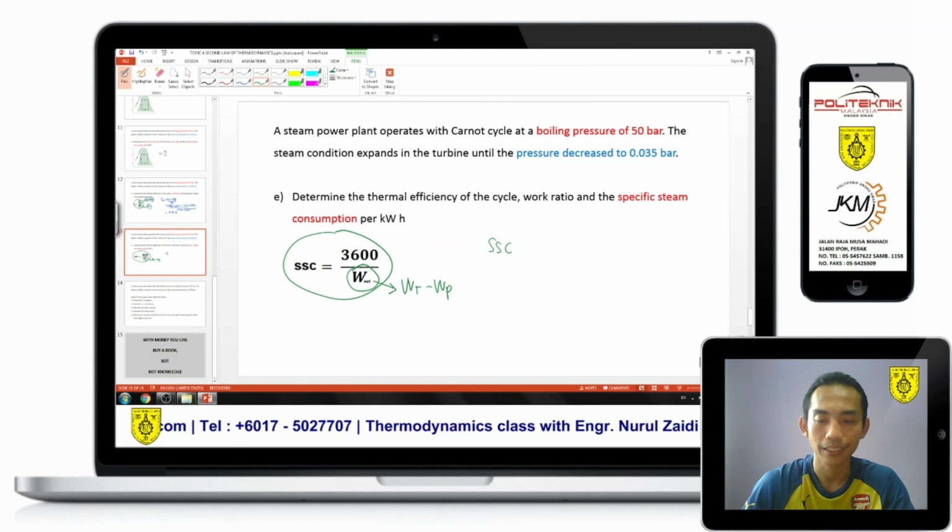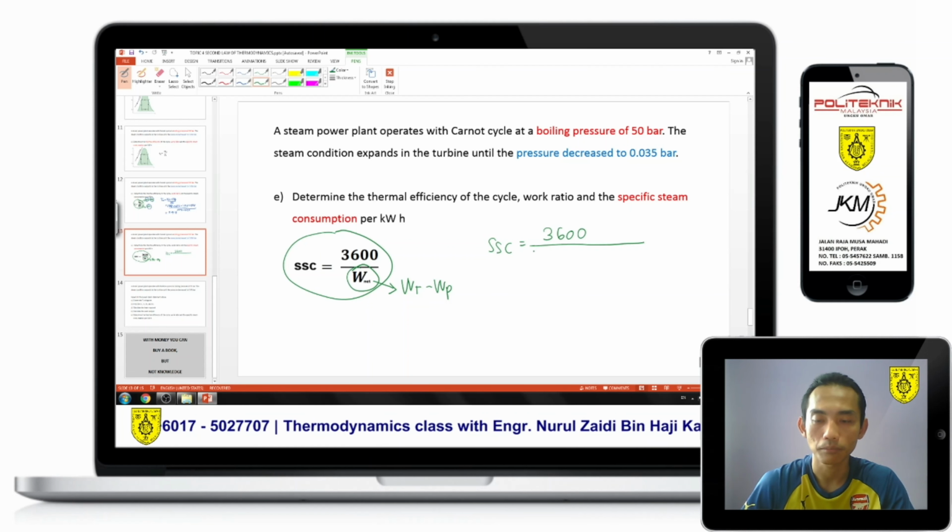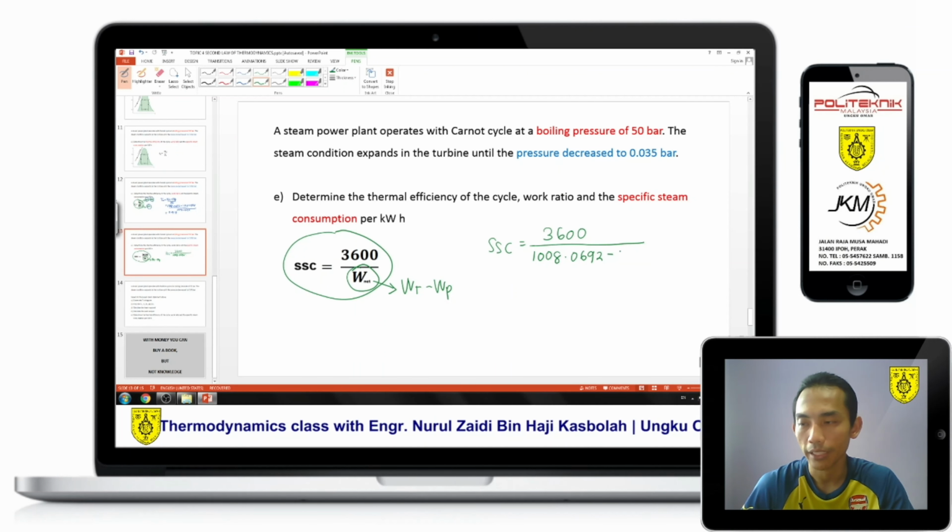So SSC equals 3600 divided by W turbine, 1008.0692, minus W pump, 284.2944.